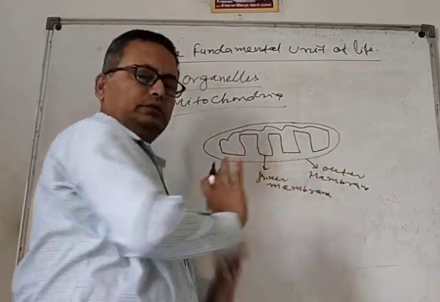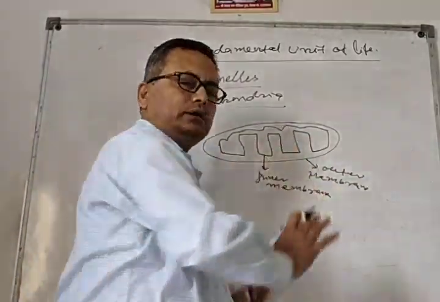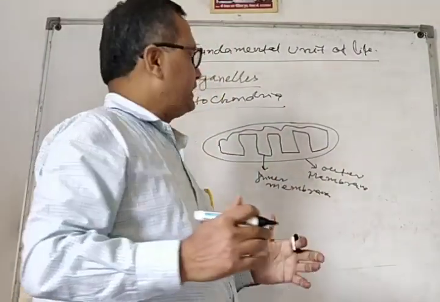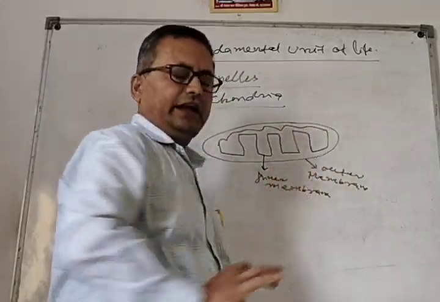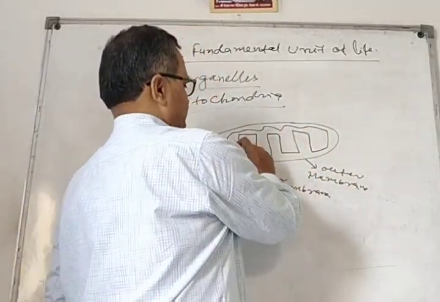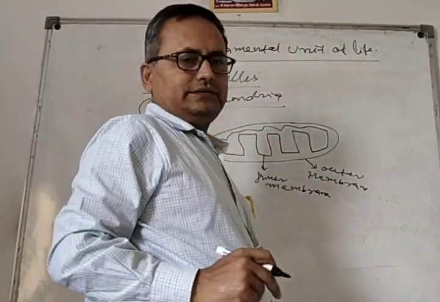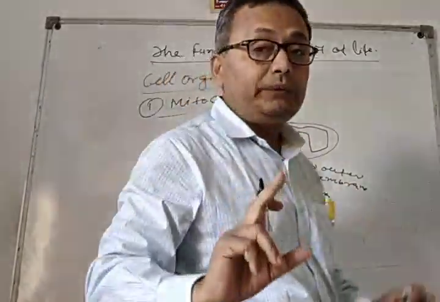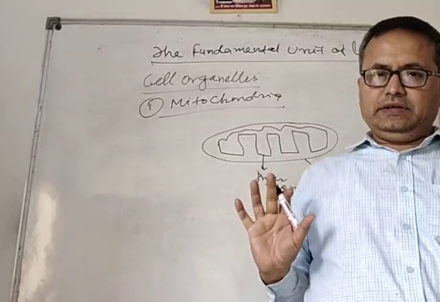The outer membrane is porous, and it allows entry of small molecules, water, and other substances. The inner membrane is folded, and it is a semi-permeable membrane.